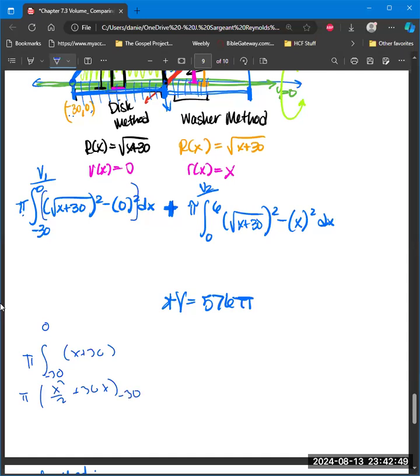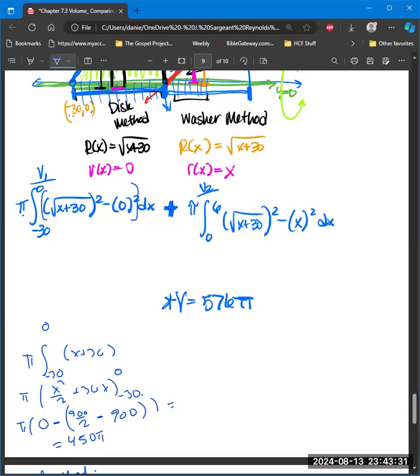Negative 30 to 0, so pi, this is equal 0 minus 900 over 2 minus 900 is pi times 900 over 2 is 450. 450 pi there on that piece.